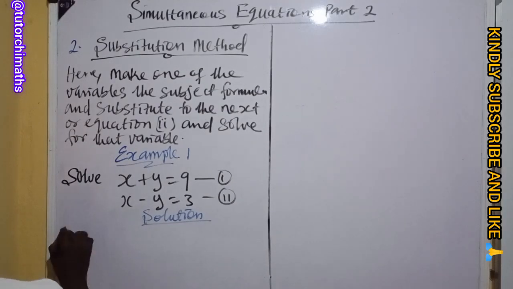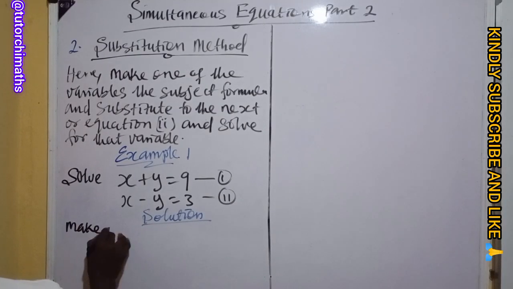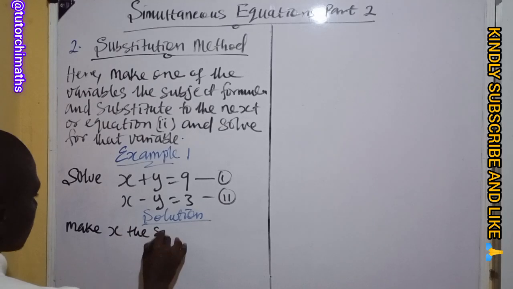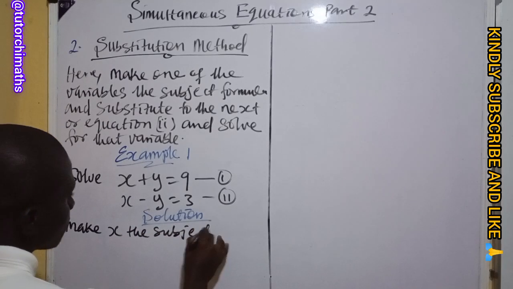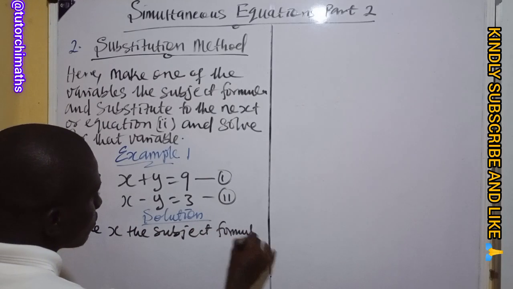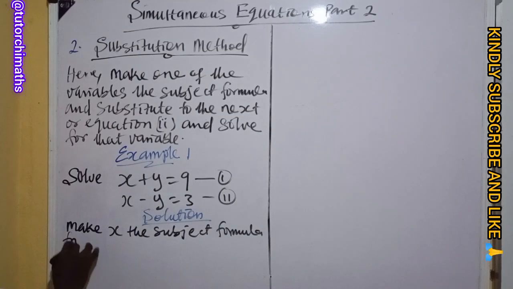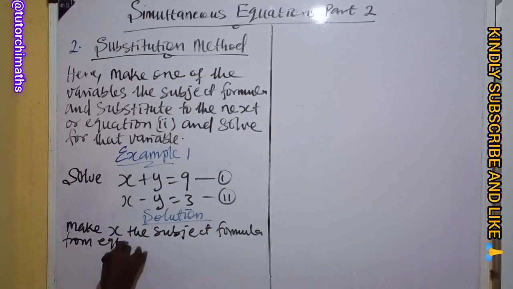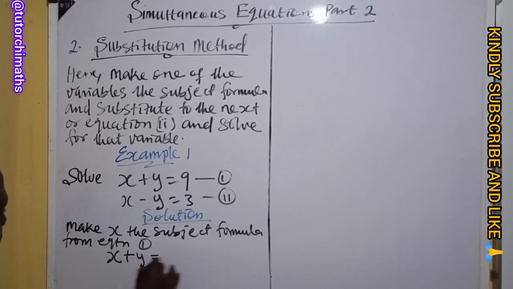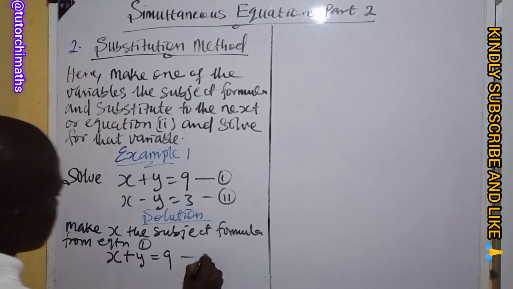So make x the subject of the formula. To make x the subject of the formula from equation 1, I have x plus y is equal to 9. This is our equation 1.